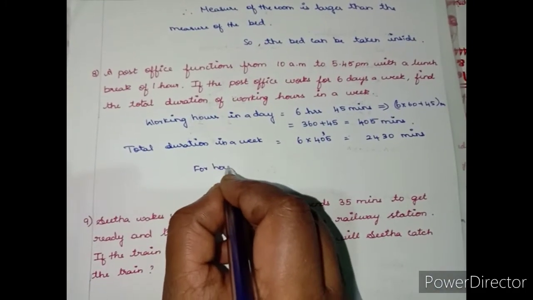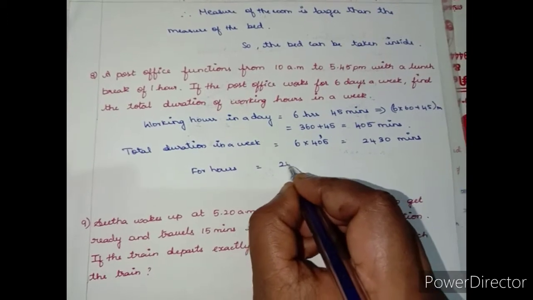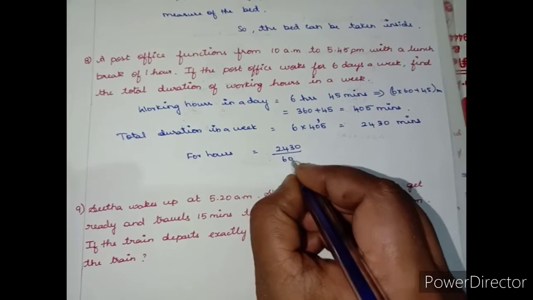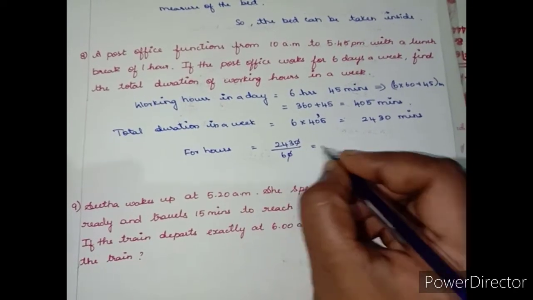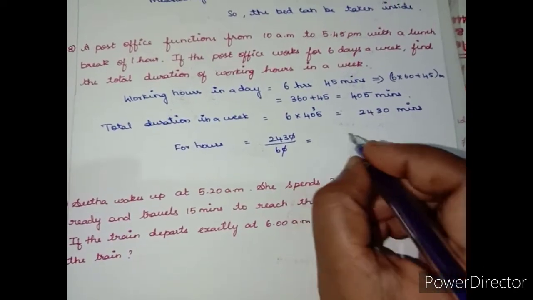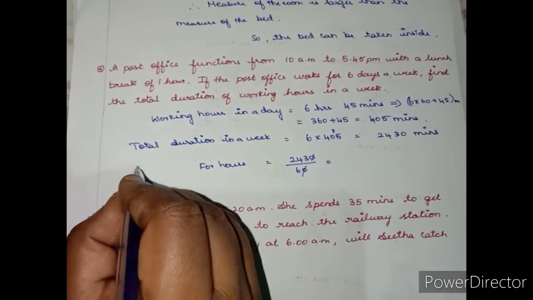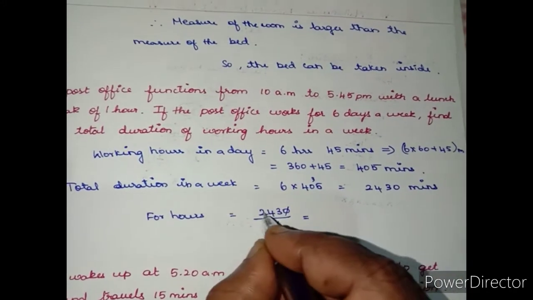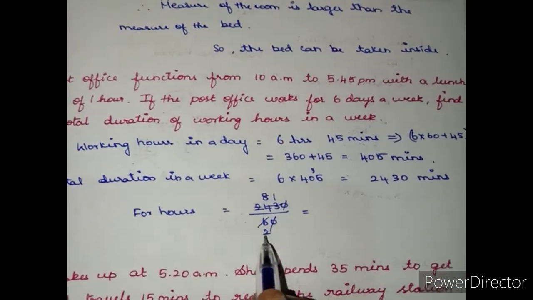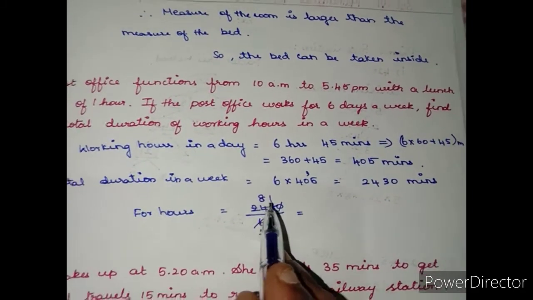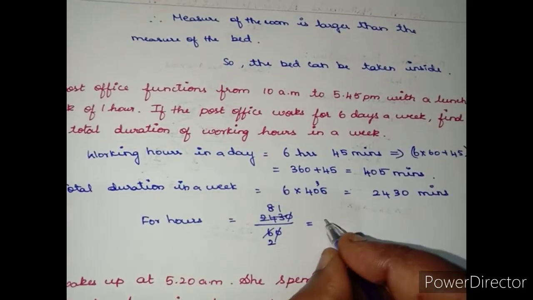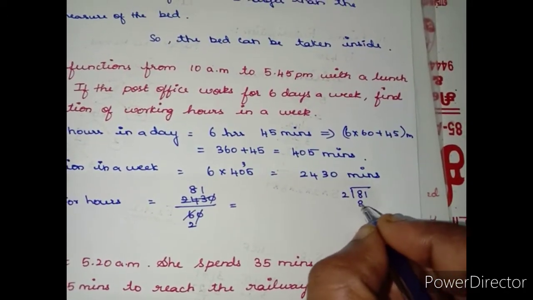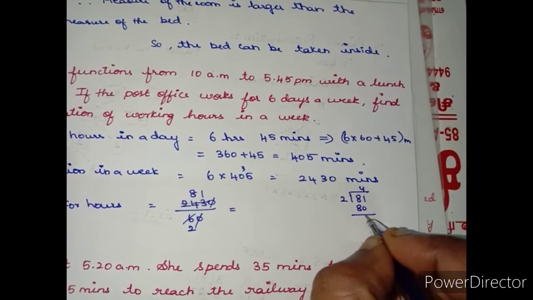For hours, 2430 divided by what? We know it, right? So 1 hour is equal to 60 minutes. 0, 0 cancel. So if you cancel it and divide it, in 3 table, 2 times, 3 table, 81 times. So 2 is an even number and 81 is an odd number. So when you divide it, it will be 40. 81 divided by 2 means 80, 4 times and 1.